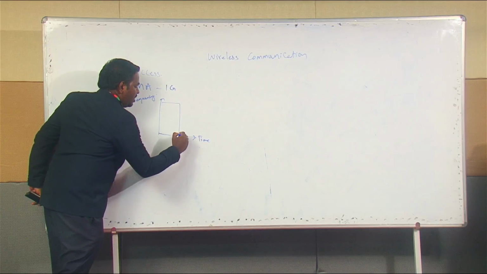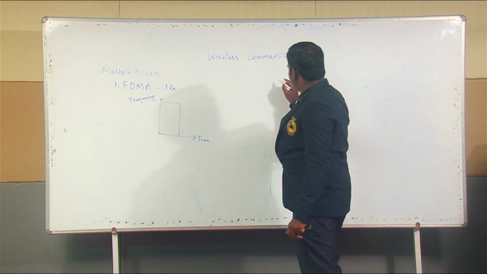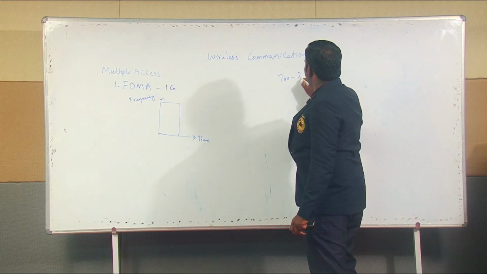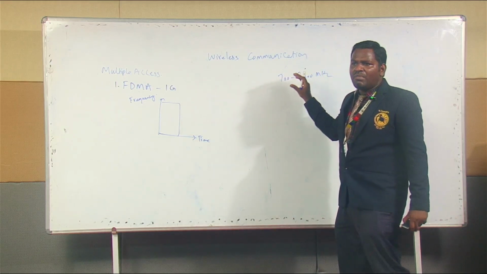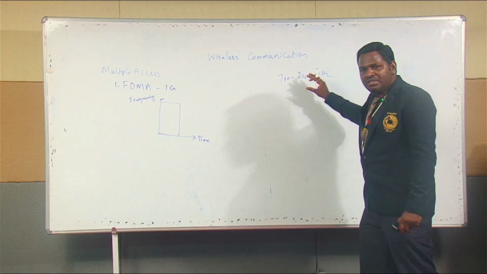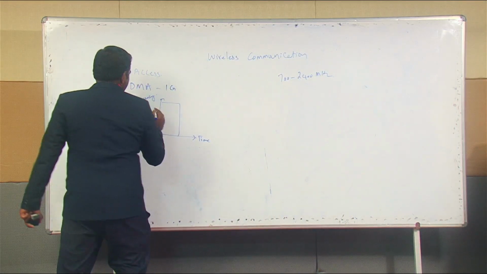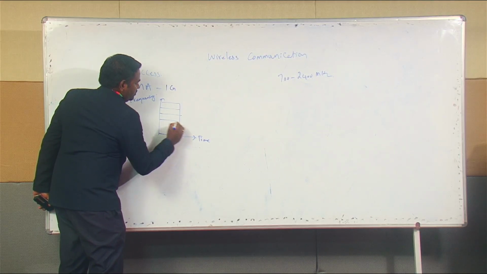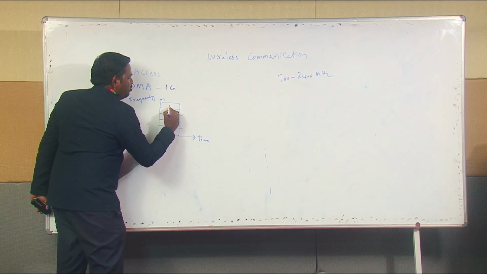For example, as I told earlier, the spectrum available for communication is 700 to 2400 megahertz. This is the entire bandwidth available for communication. This bandwidth is divided into non-overlapping subbands called channels: channel 1, 2, 3 up to n.